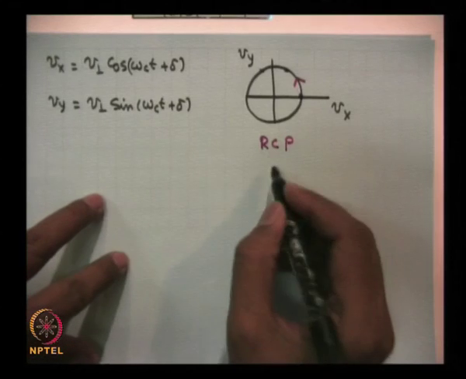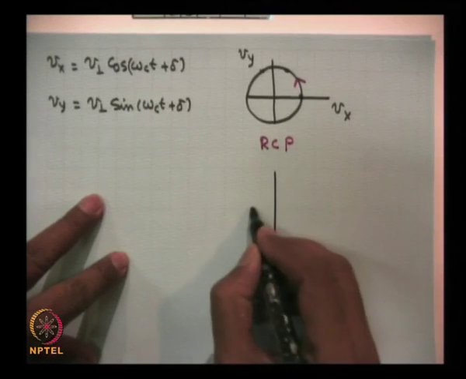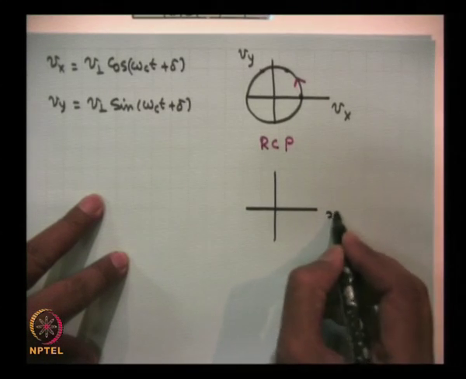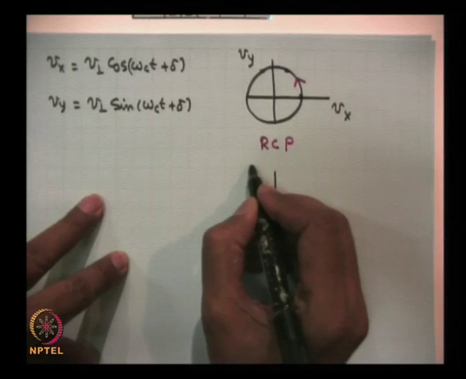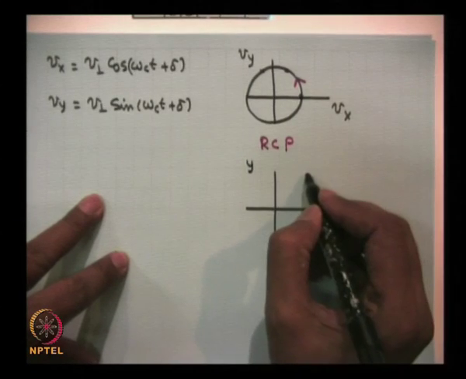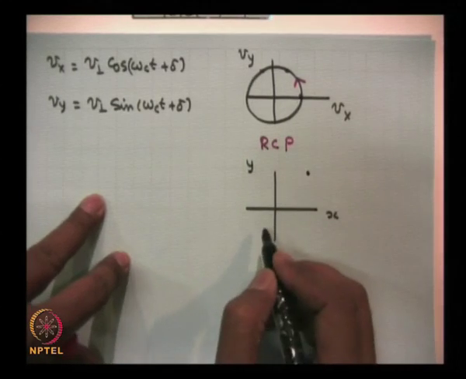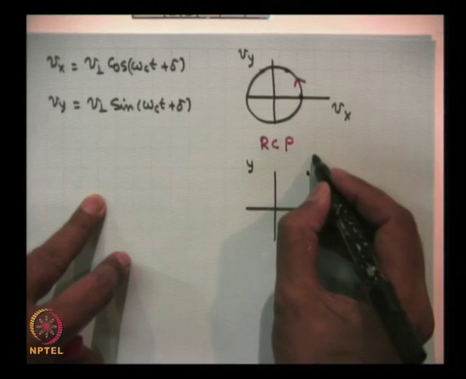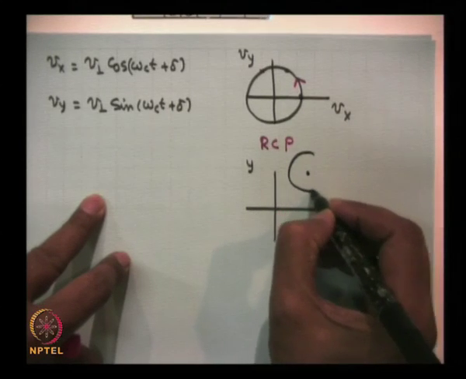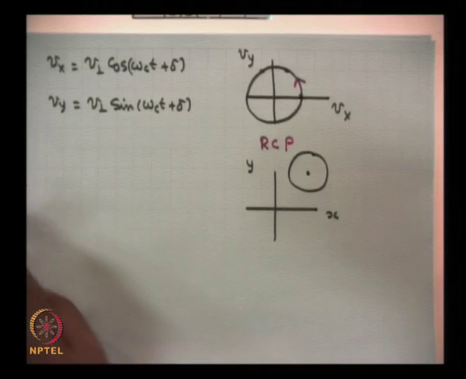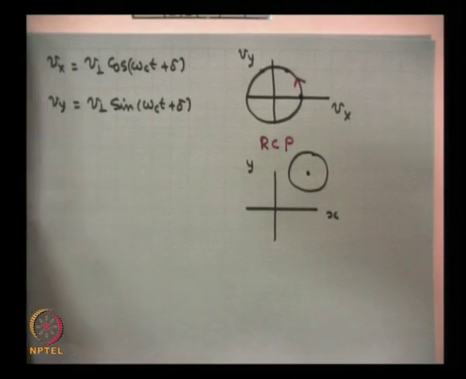Similarly, if I plot x here, particle coordinate x there and particle coordinate y there, then around a point xg yg, the electron will rotate over a circle, and the coordinates are like this.